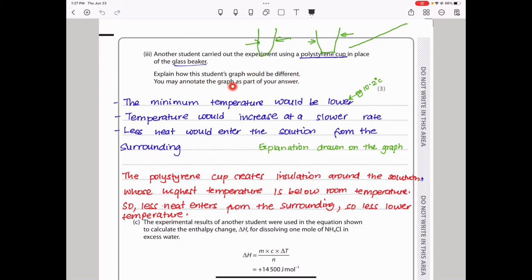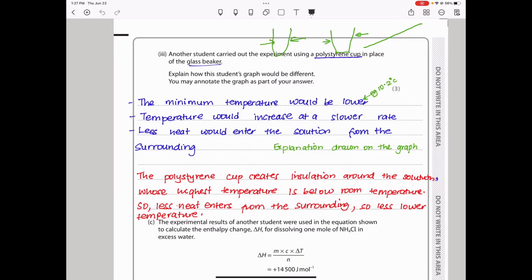You may annotate the graph as part of your answer. Like I said here, remember the minimum temperature here is going to be lower. The reason for this is since we are using the second part of the plotted points to draw a line of best fit. Again, let me take you back to the graph.